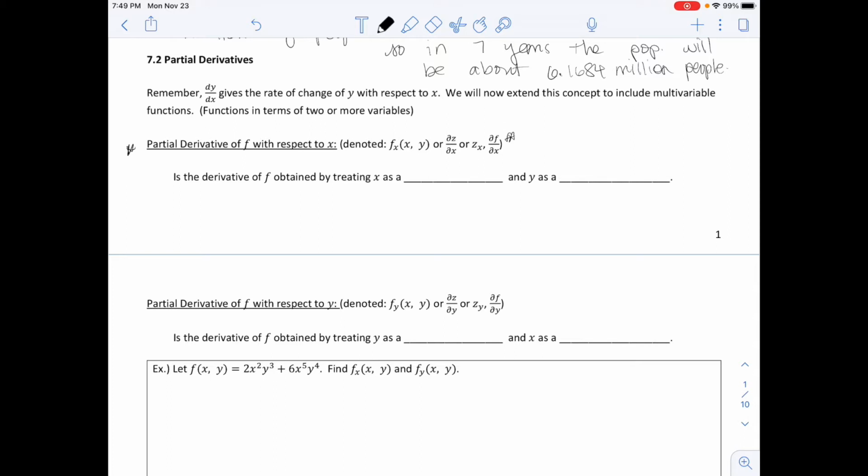So our partial with respect to x, or we can write it as z sub x, or we can write it as df dx, again with those weird d's to symbolize a partial derivative. So this is the derivative of f obtained by treating x as the variable, but that means that the other variables that you have in there aren't going to be treated as variables. They're going to be treated as constants.